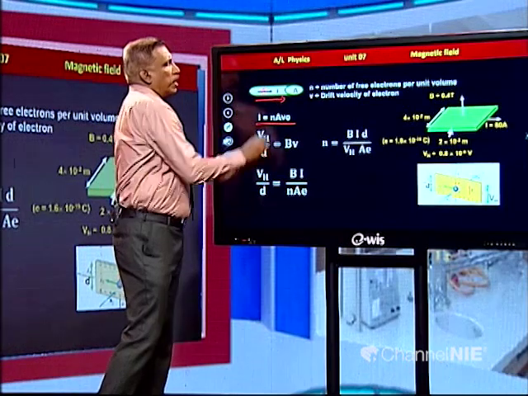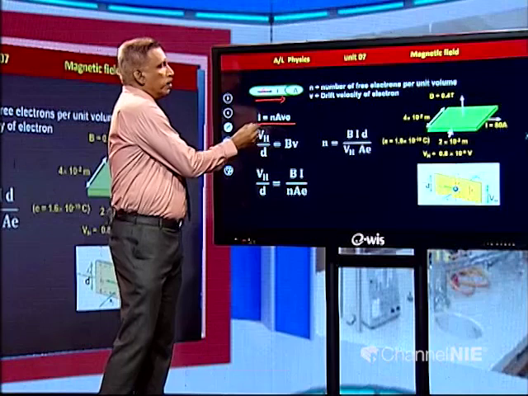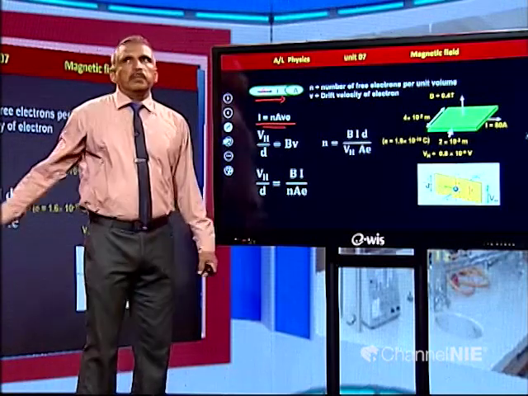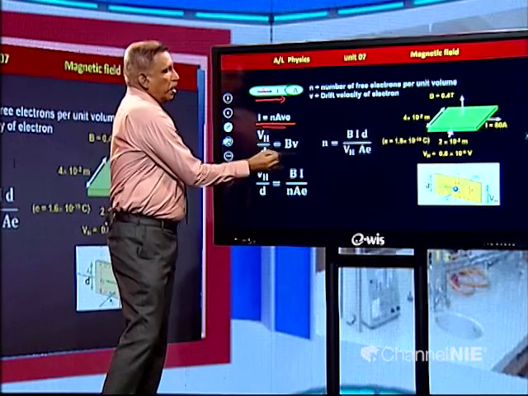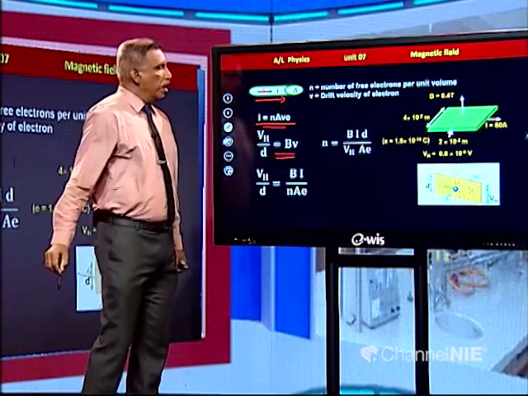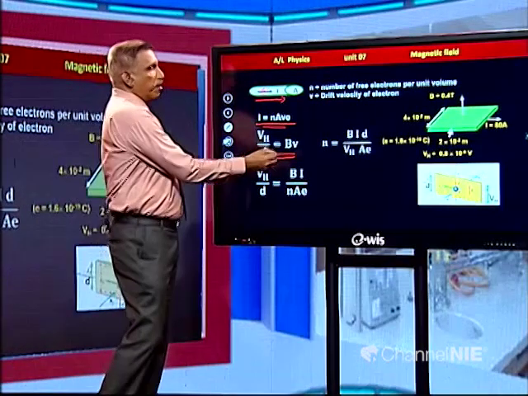So, that velocity is V. Here we have already found the Hall effect equation, VH over D is equal to BV, where V is the velocity of the electron.